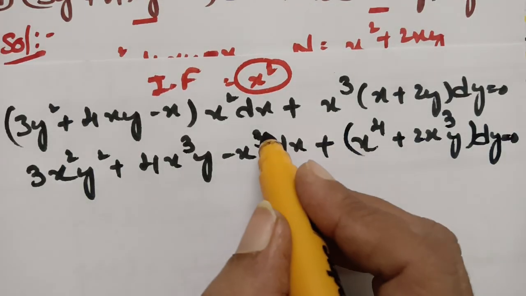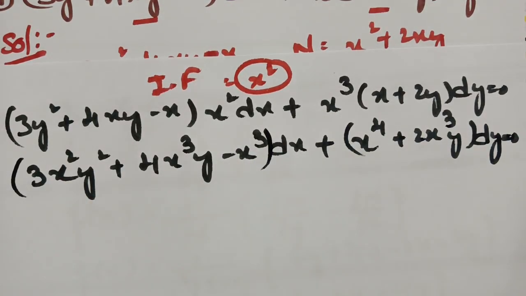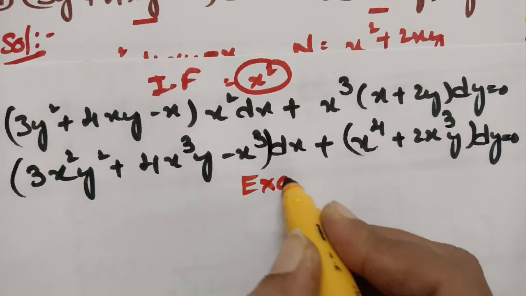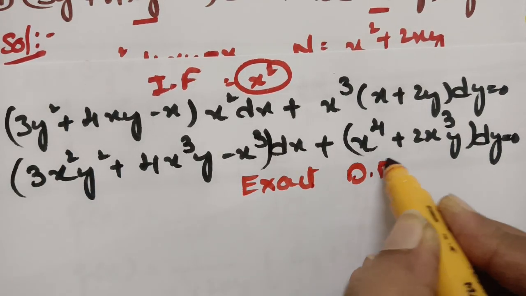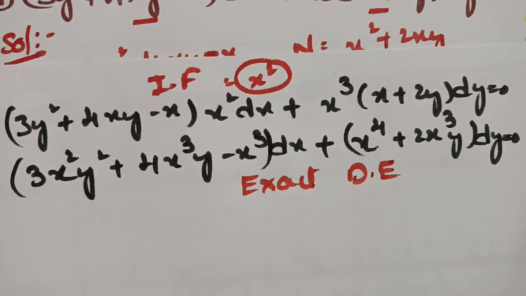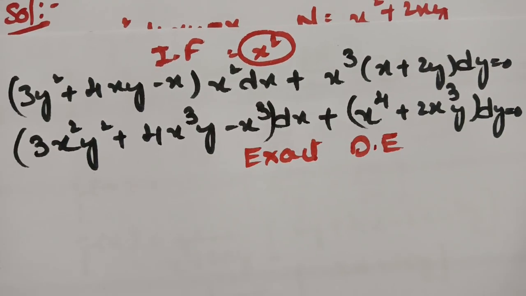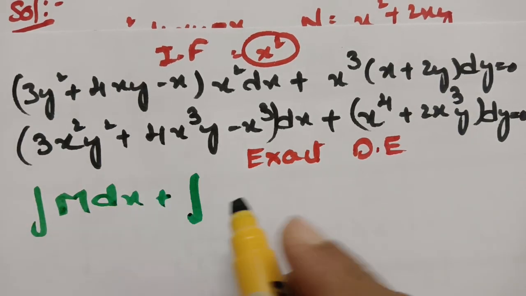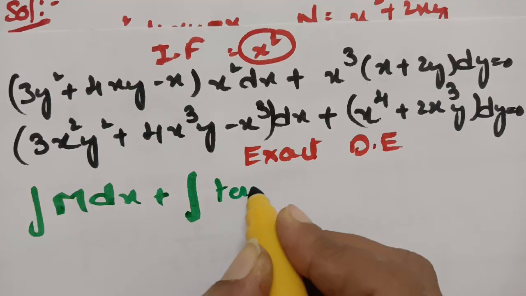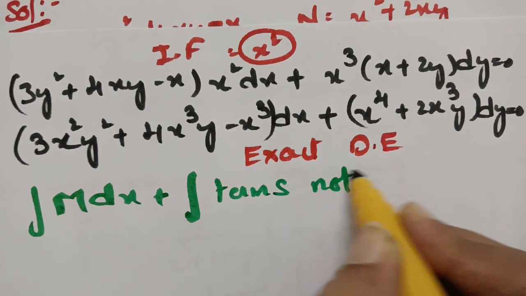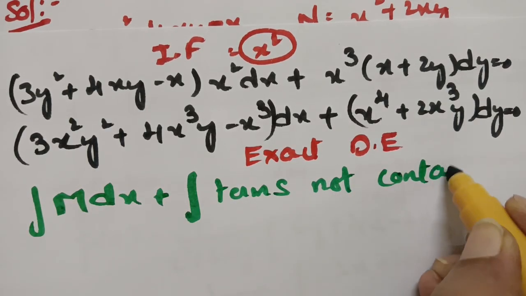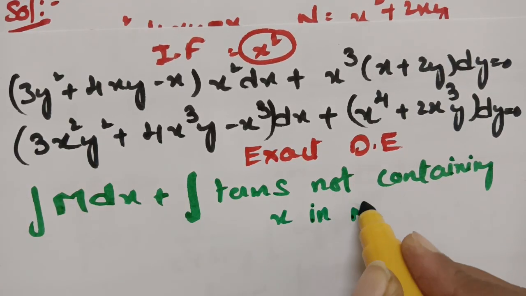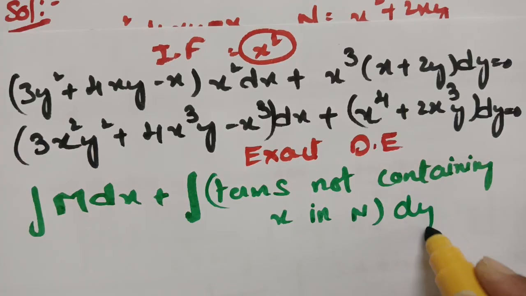So after multiplying, see, this is going to become an exact differential equation. So after multiplying with the integrating factor, this non-exact differential equation turned into an exact differential equation. And what is the solution for this? The solution is nothing but integral m dx plus integral of the terms not containing x in n dy is equal to c.